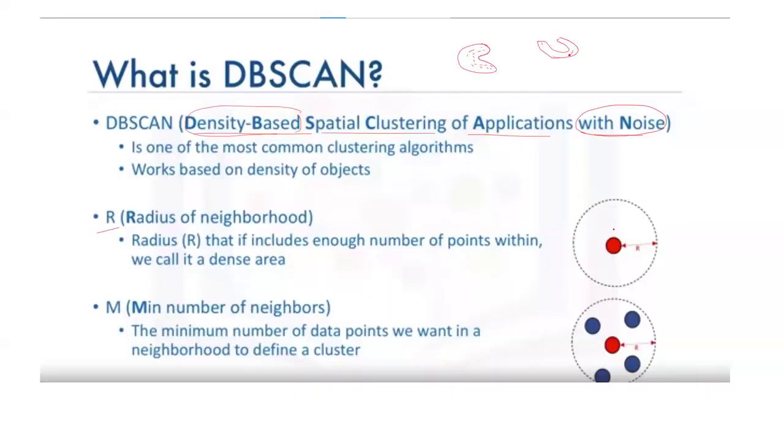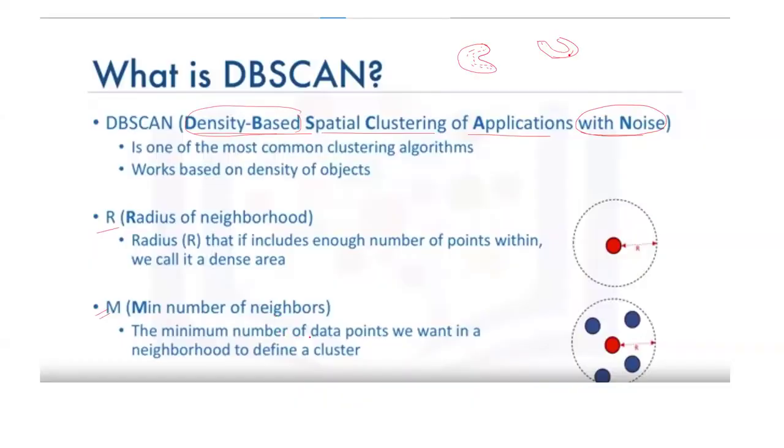Like that, it will keep shifting from one point to another, and it will find all the dense regions around this particular data point, and that's how it will identify the clusters.